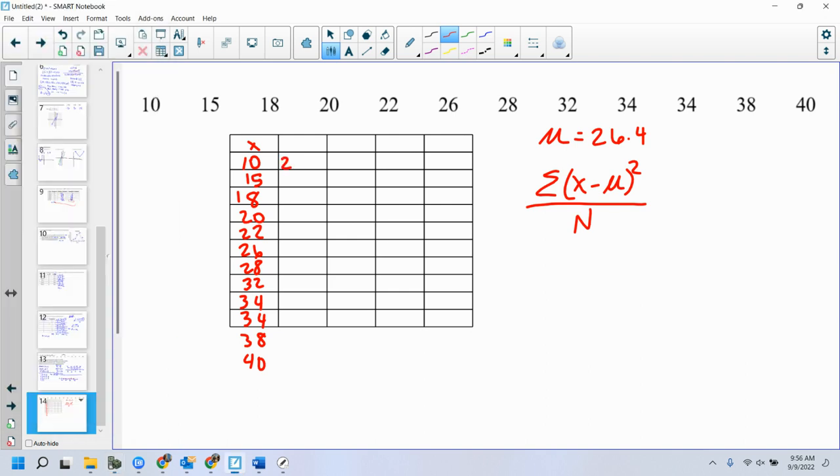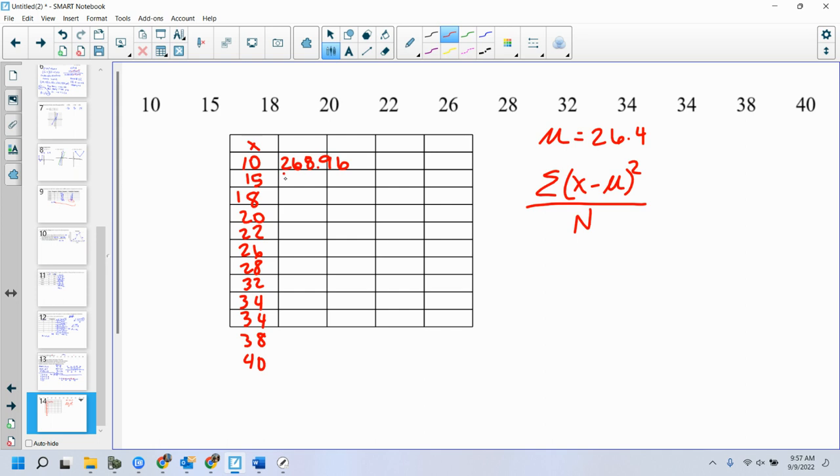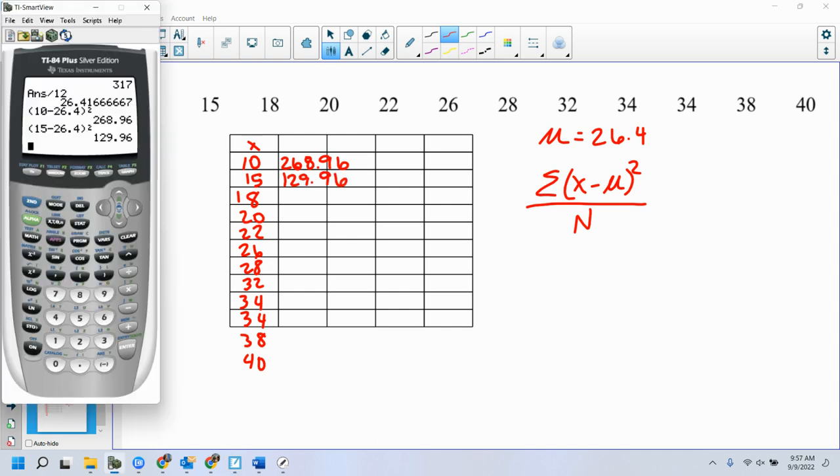268.96. Do the same thing with 15: 129.96. Same thing with 18. These should start to decrease as we go toward the mean: 70.56.